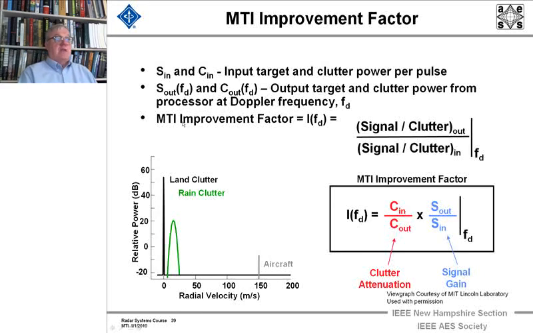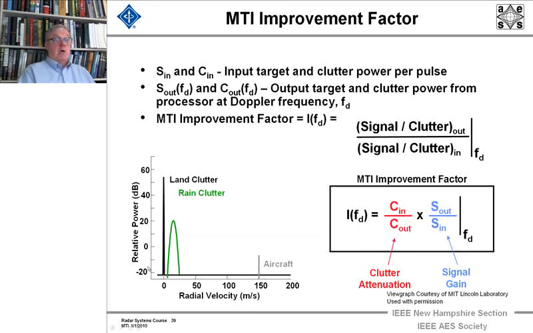So the MTI improvement factor, which we define as the signal to clutter that comes out divided by the signal to clutter that goes in, is a direct function of the Doppler that you're talking about. If you get rid of the land clutter, say in this case, you notice that whether you see this aircraft depends a lot on how well you're able to reduce land clutter or rain clutter.